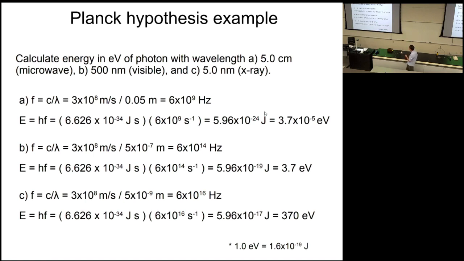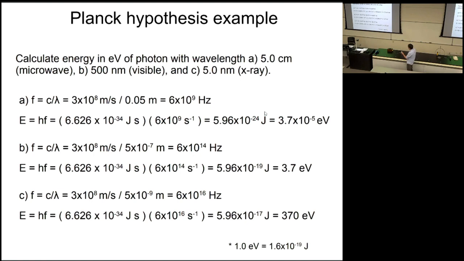Okay, so if I want to calculate the energy of one of these packets, the microwaves, the visible light, or the X-rays, I first want to calculate the frequency from the wavelength. That's my first step. It's the equation that we met for waves a long time ago, that the speed of the wave, in this case speed of light, is the product of the wavelength and the frequency.